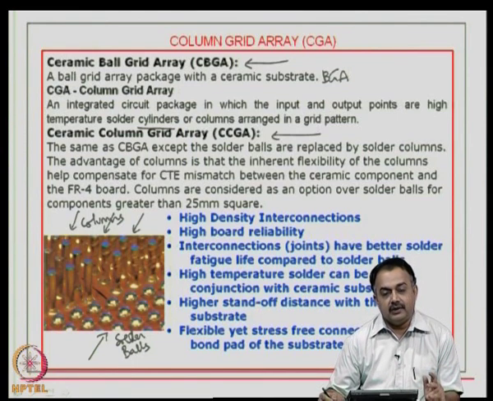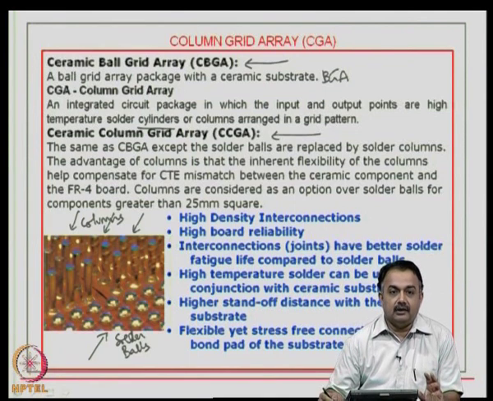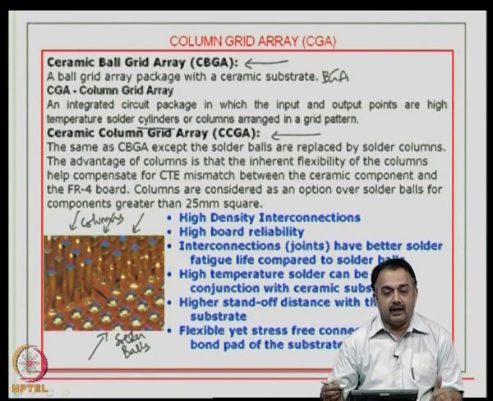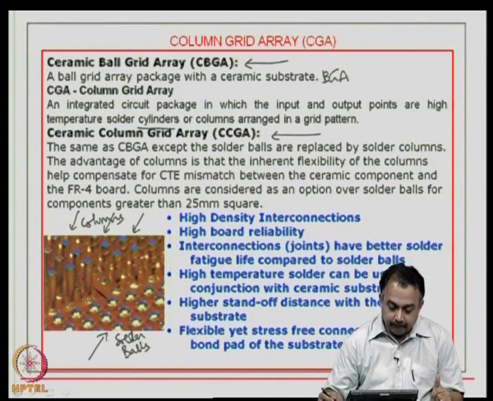So, because you are using high temperature solder and because the length of the column is definitely larger than the solder ball height, you get a relief over the CTE mismatch that we normally get concerned with in an organic package attached to a silicon die in a BGA for example.